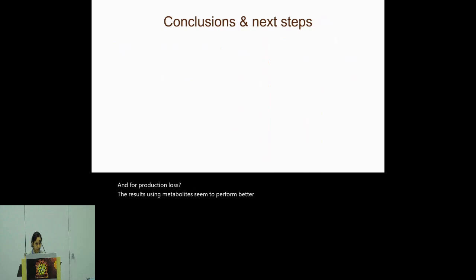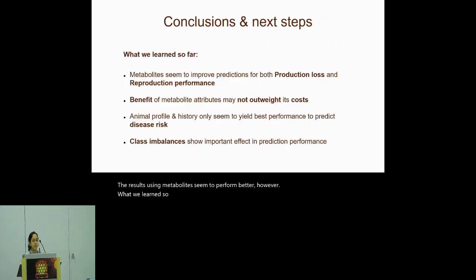However, what we learned so far is that even though the metabolites seem to improve the predictions for both production loss and reproduction performance, the improvement doesn't seem to be strikingly better. So the benefit of metabolite attributes may not outweigh its costs.